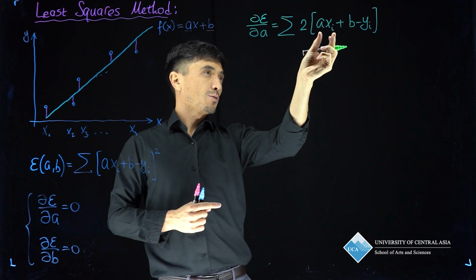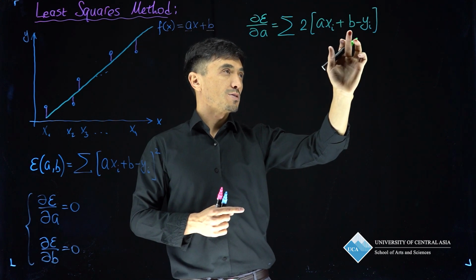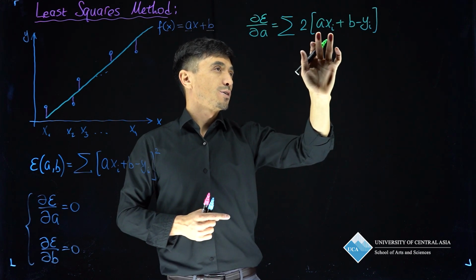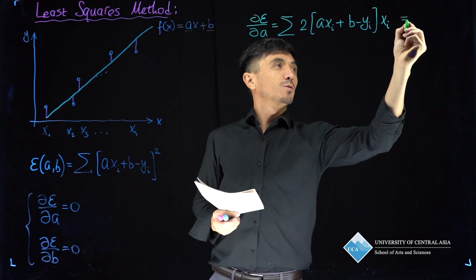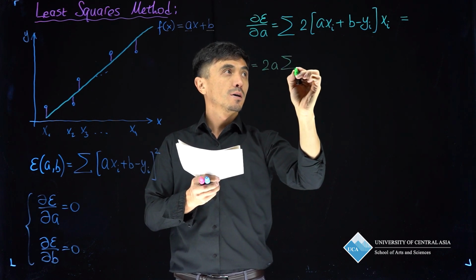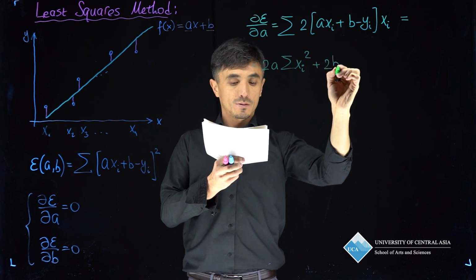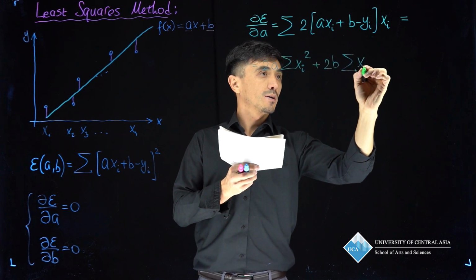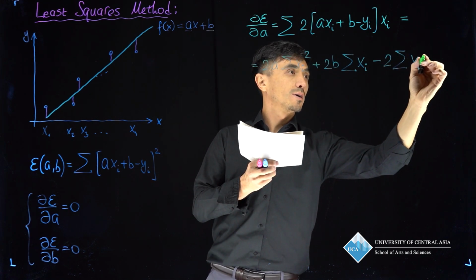So when you take a derivative of this inside with respect to a, these values are going to be 0 because they don't contain a. So here only xi is left. So this is going to be equal to 2a sigma xi squared plus 2b sigma xi minus 2 sigma xi yi.